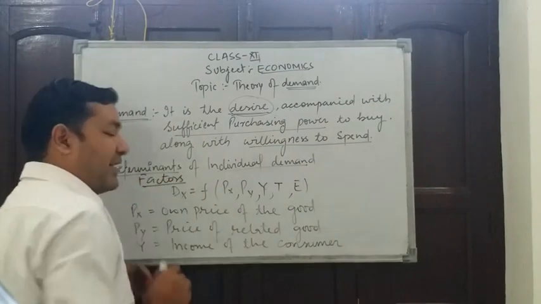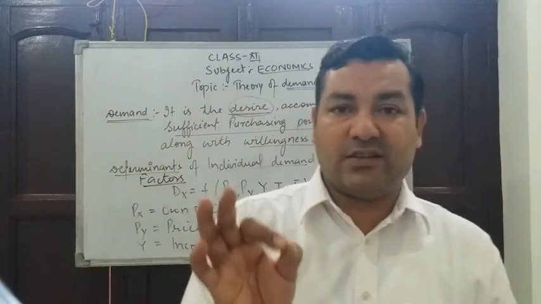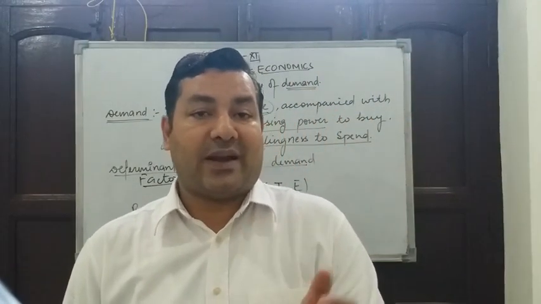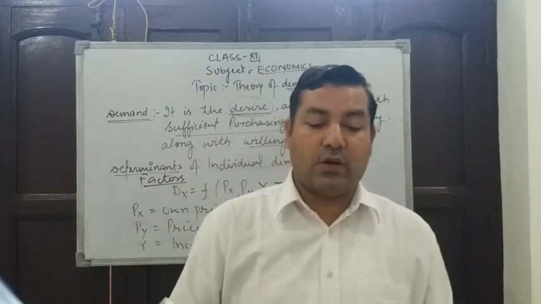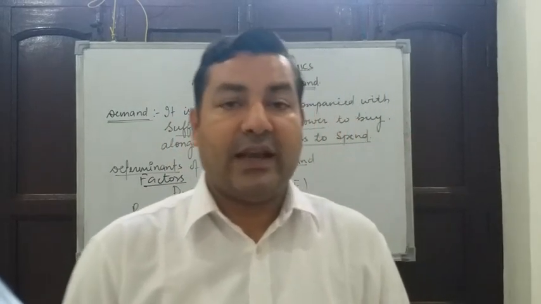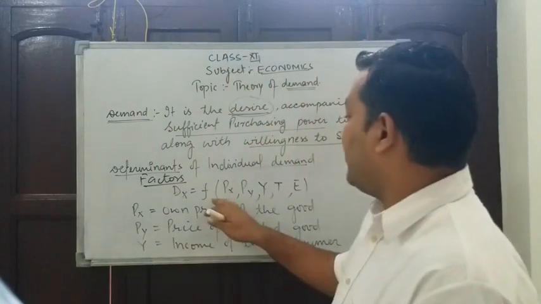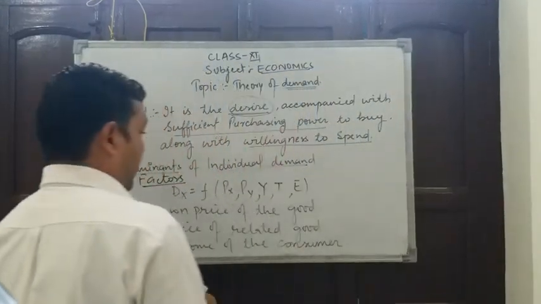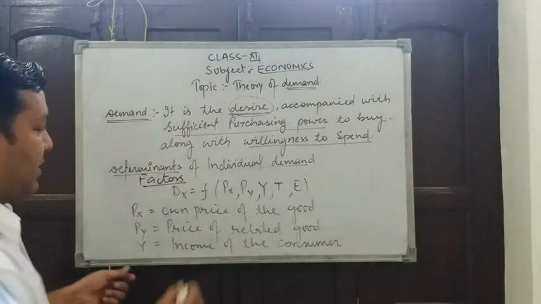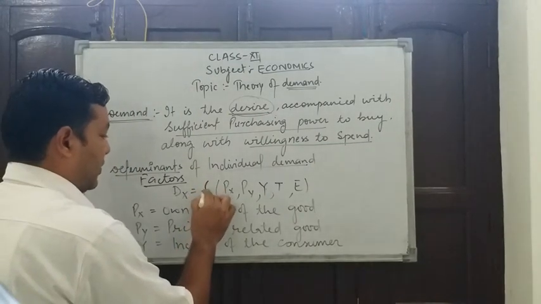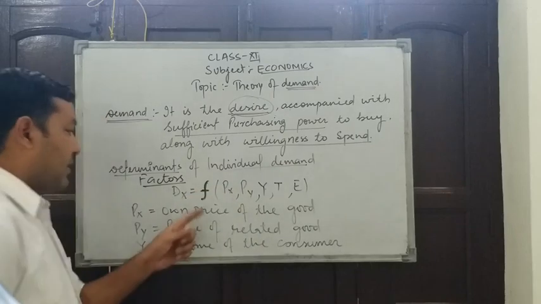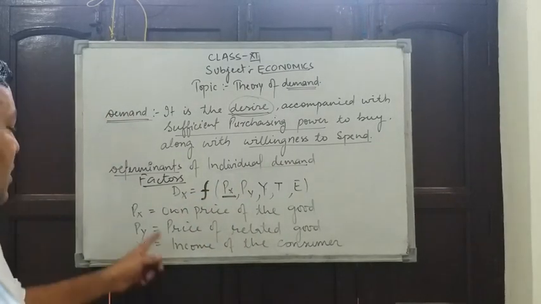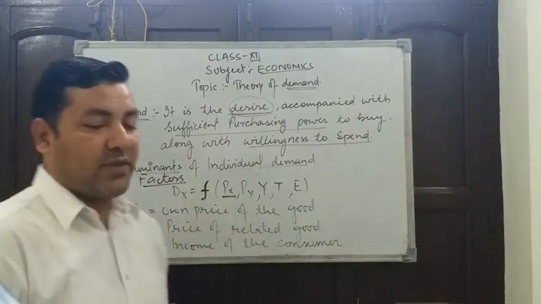So factors on which demand of a good depends, whether we would buy more or we would buy less, it depends upon these different factors, and that also of individual demand. So the first factor, or you can say the first function, is Px. Here Px means price of the good.